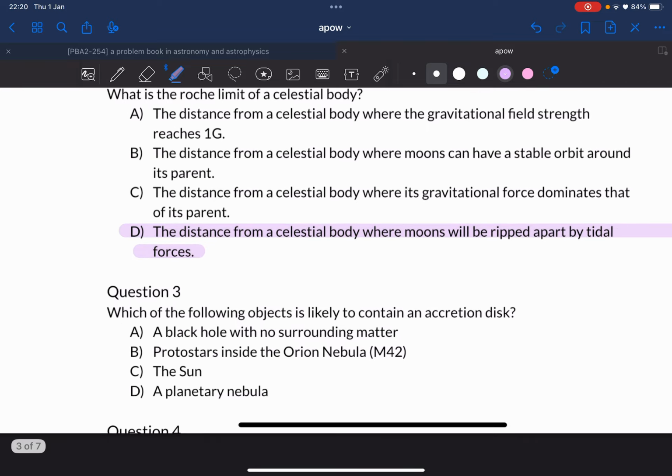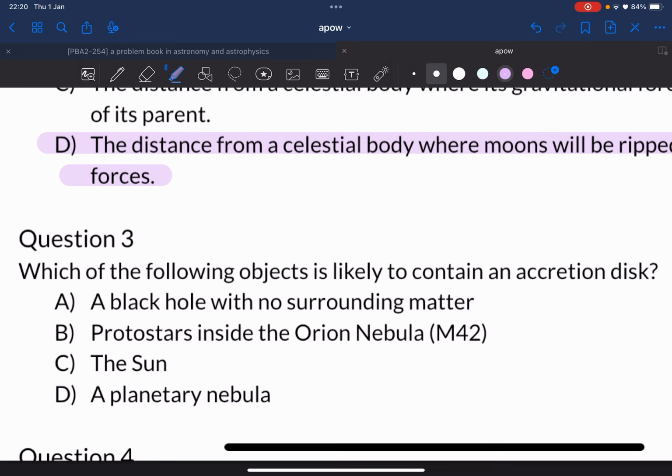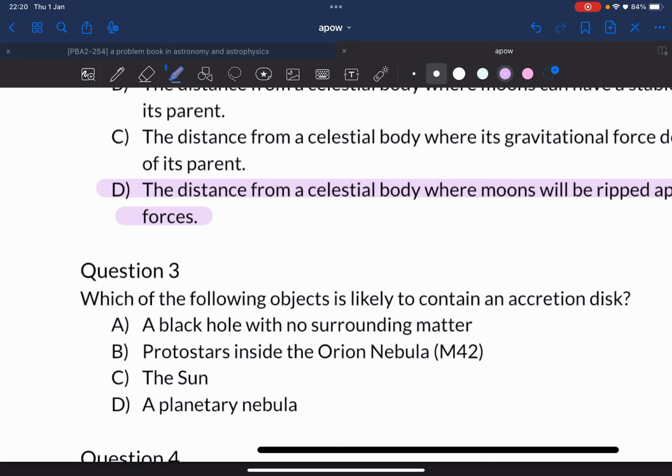And for question 3, which one is more likely to have an accretion disk? A planetary nebula: the keyword here is nebula, so even if there's a planetary inside, it's not it. A black hole would have one, but once again there's no surrounding matter, so it wouldn't be accreting anything. A protostar would have an accretion disk, because you know how protostars work?